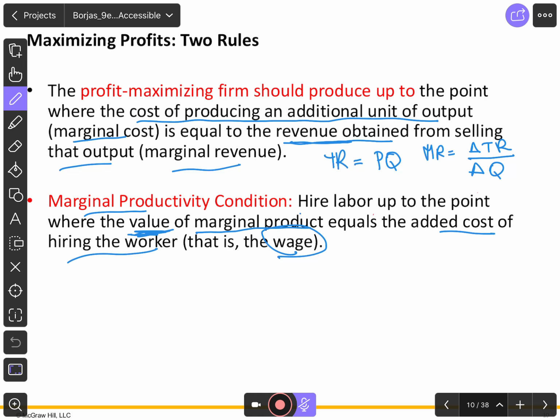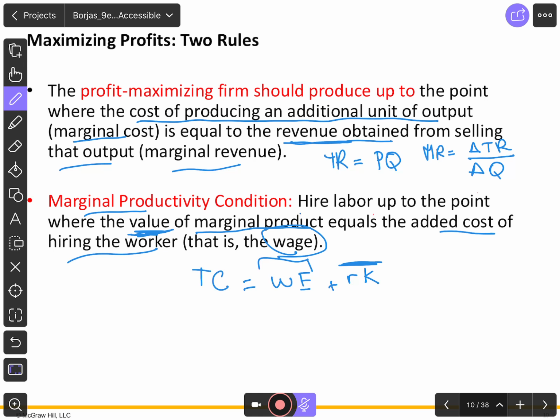Okay, so when you think about the total cost function, the total cost is the wage rate times how many units employed, how many workers, plus the interest rate times how many units of capital used. But since we are assuming that this part is fixed, does not change, we are focusing on this part.